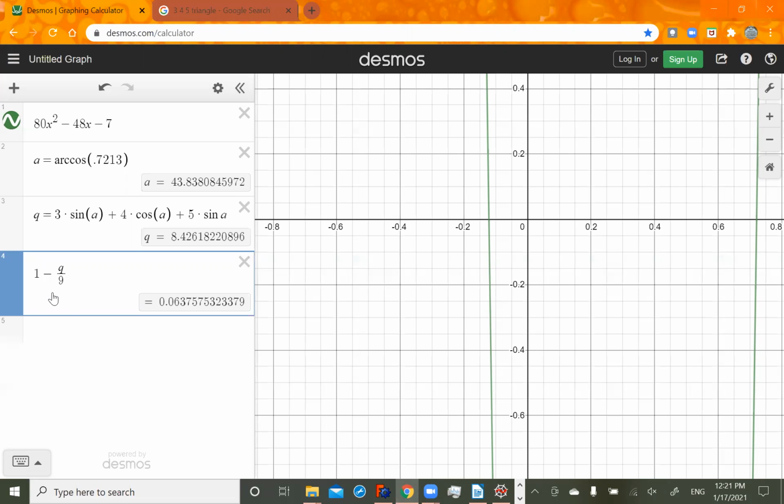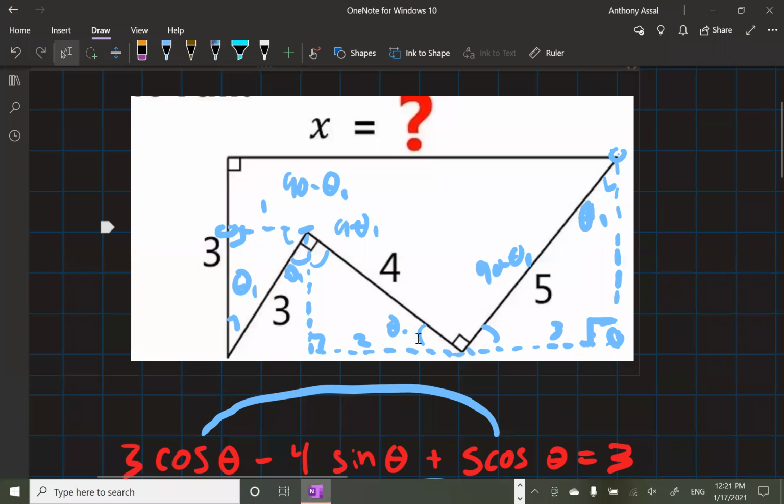But for a math problem like this, they're probably going to give answers really close to each other. So if you did it the other way, you would have definitely gotten it wrong. So let's go back. This is what we end up with.